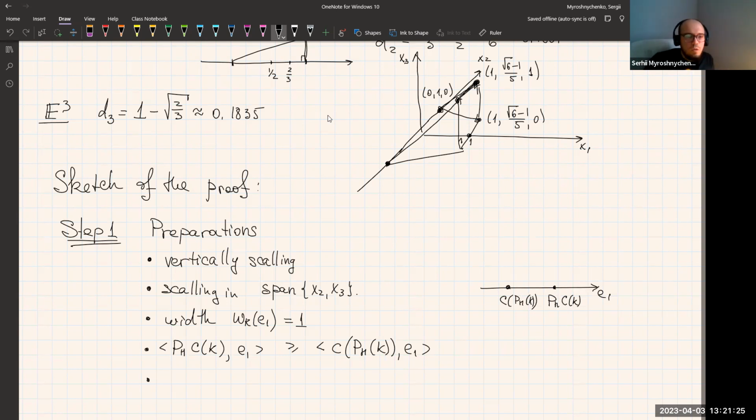Okay, so now the part that should be familiar to us, and let me call it Blaschke shaking again, because it is. We're going to shake it with respect to x3 equal to 0, with respect to the span of x1 and x2.